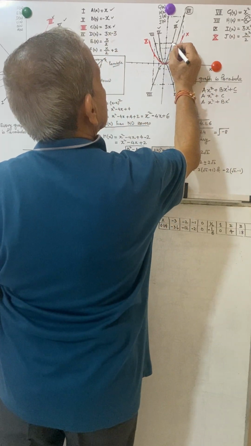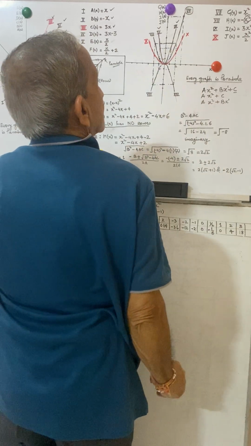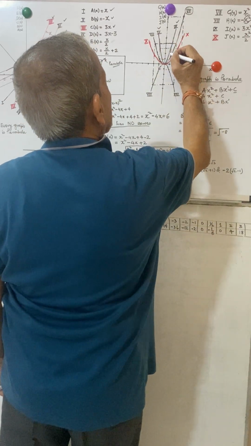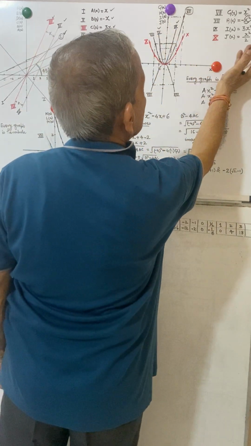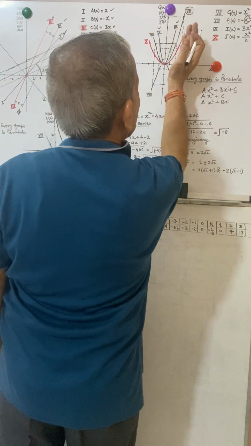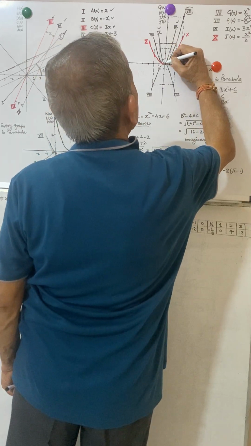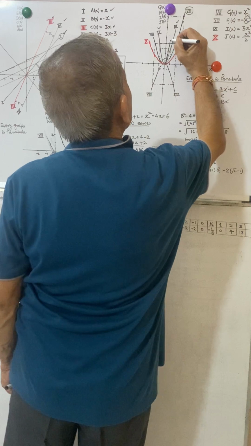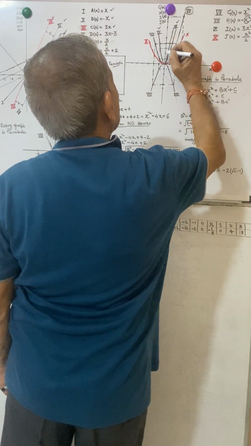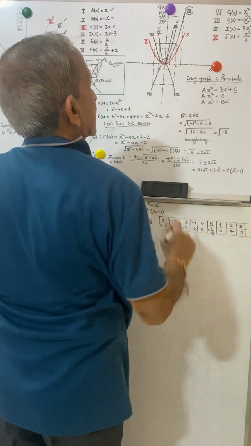So this is 3x square. This side 3x square, this side x square by 2. This is 3x square, 4x square. If you find 4x square, it will be much more closer to the y-axis, much more closer to both sides of this y-axis.